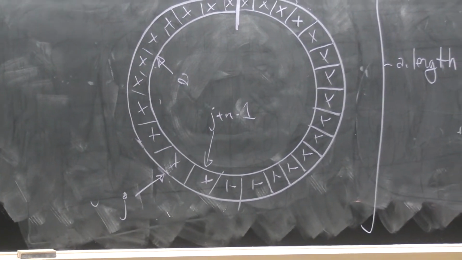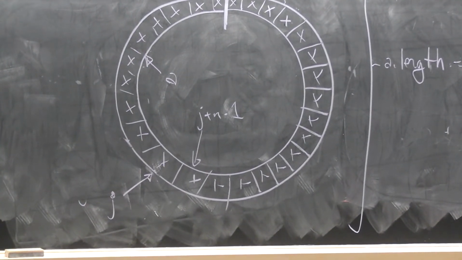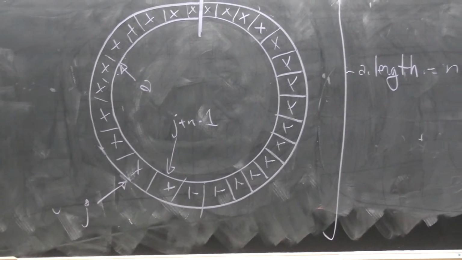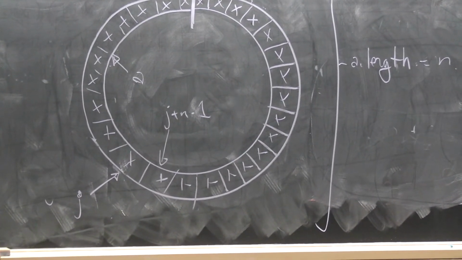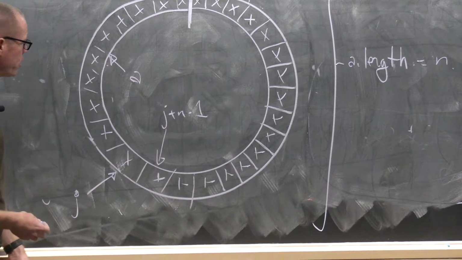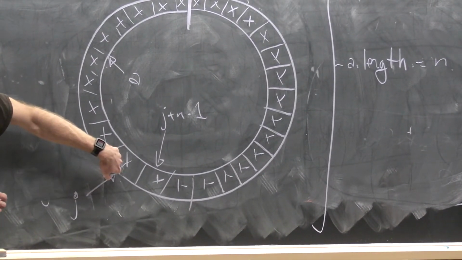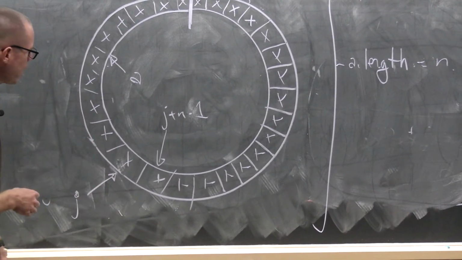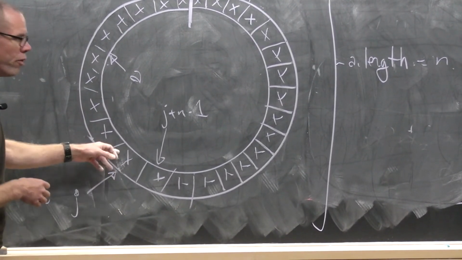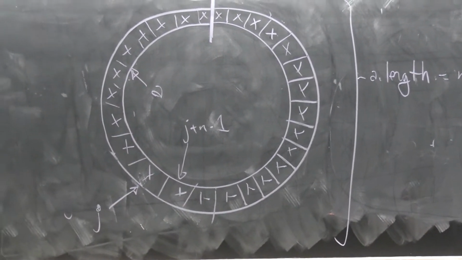This position here, this is j plus n minus 1. Now, if I try to add something either at the front or at the back, you see what's going to happen. If I try to add it at the back, I'll try to write to position j plus n. That's this position here. There's something already there. I'll write to it, and I'll overwrite the thing that's in the front. So that's not going to work.